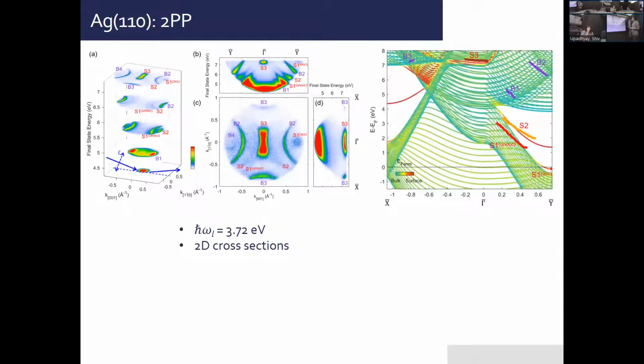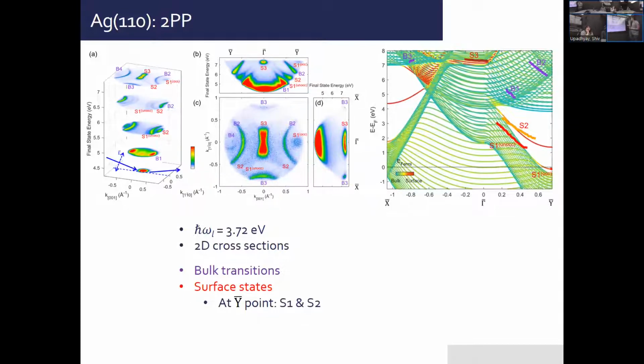So we want to assign these structures. Based on this, we have a theoretical calculation of the DFT band structure. We assign all of these states to the single particle band structures. The purple colored states are the bulk transitions, which I won't spend time on. The other red labeled states are the surface states.